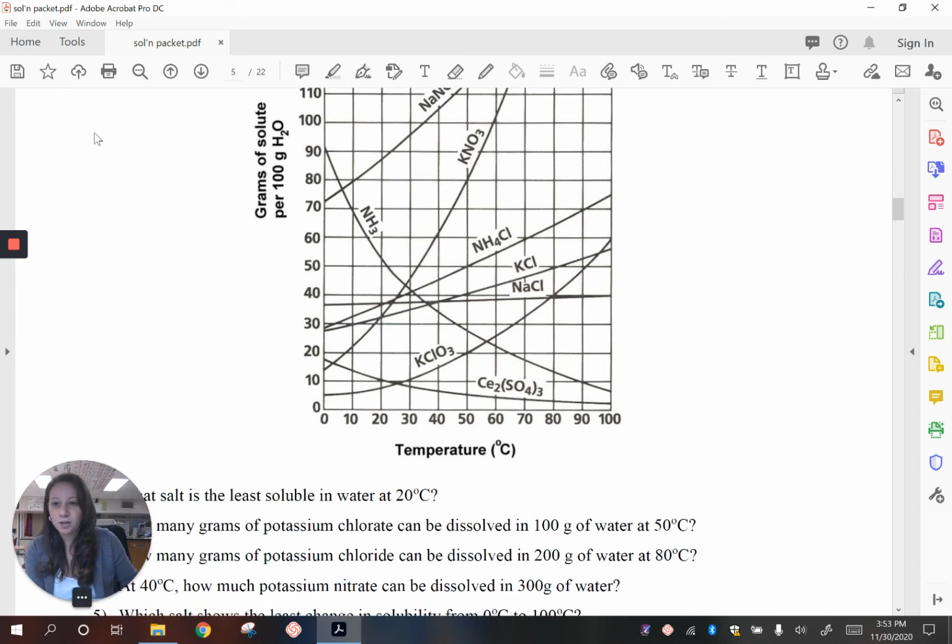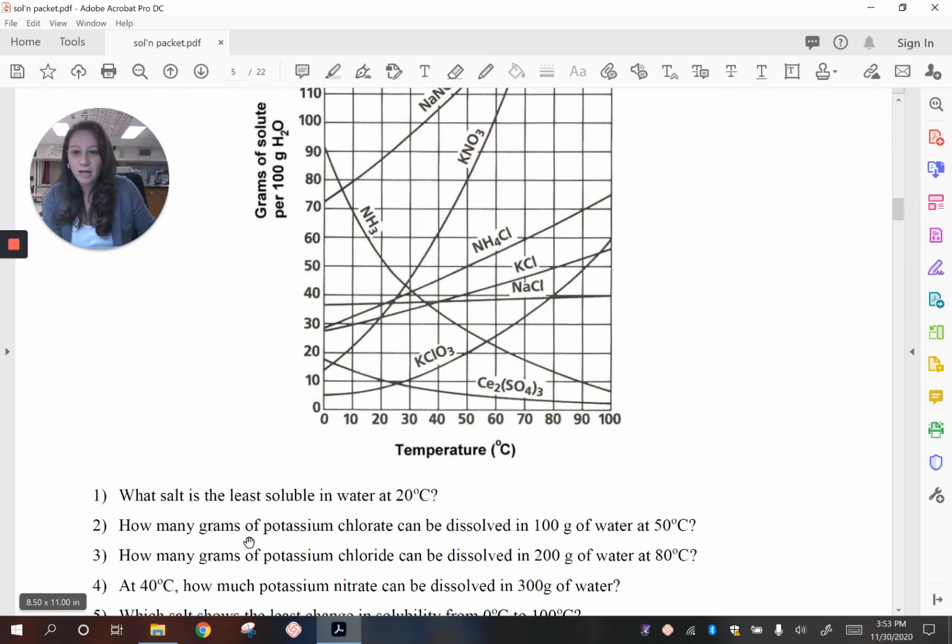Okay, second question. How many grams of potassium chlorate can be dissolved in 100 grams of water at 50 Celsius? So we're going to go to 50 Celsius, to potassium chlorate, which is this one right here. And it looks like I can dissolve 20 grams.